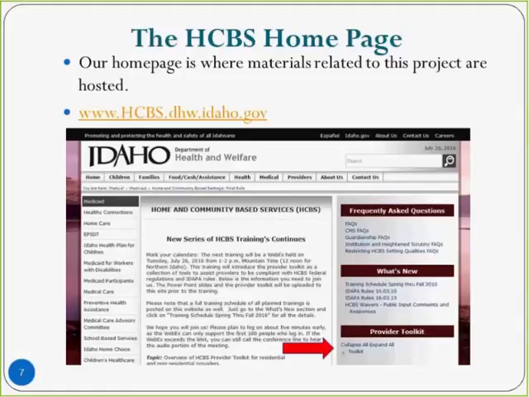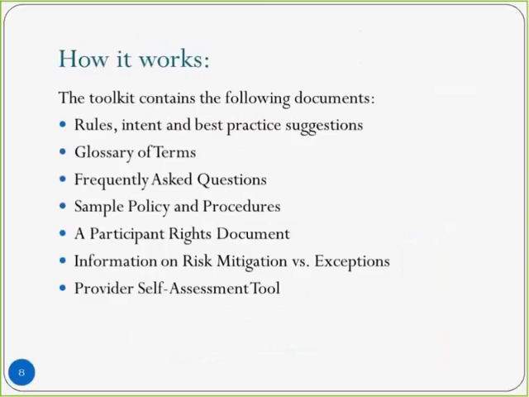If you hit the little plus next to the toolkit, that'll expand all of the sections of the toolkit, and you can click individually on each section to get to the one that you need. So how our toolkit works. The toolkit contains the following documents.